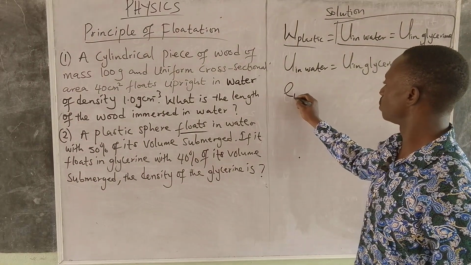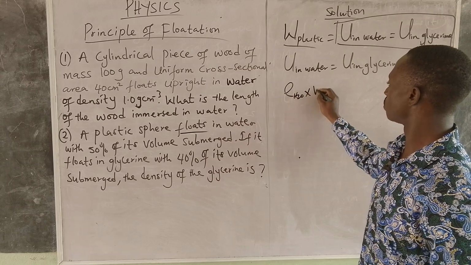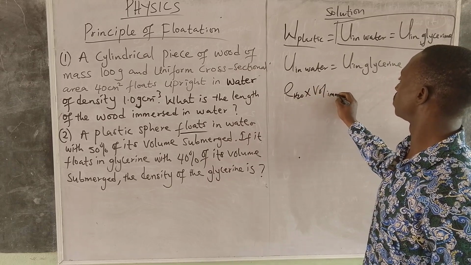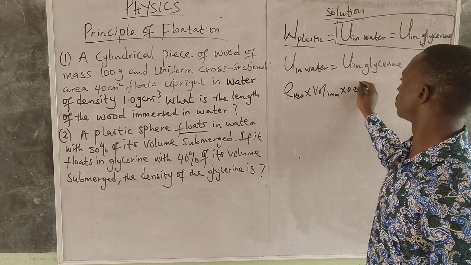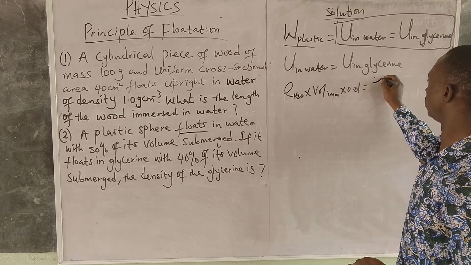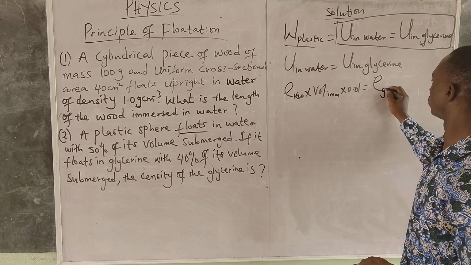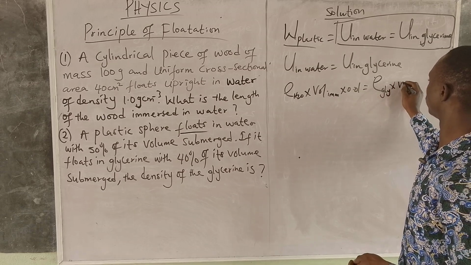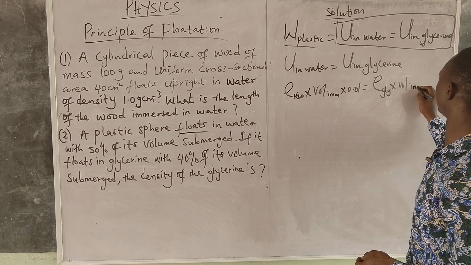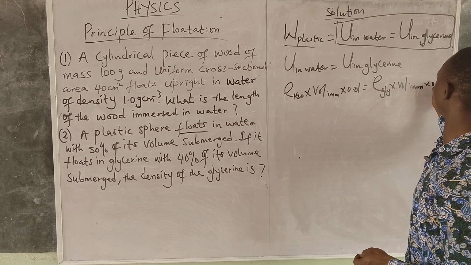So what's the upthrust in water? Density of water times volume of object immersed times 0.01, then density of glycerin times volume of object immersed in glycerin times 0.01.